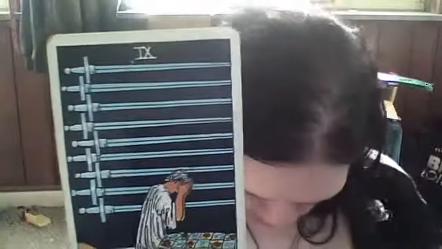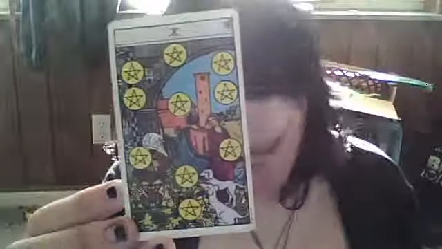9 is about action, and it's about self-confidence, courage, and this is also sort of about overcoming obstacles or breaking through illusions and falsehoods. 10 is endings and beginnings. It's a final completion card in the numbered court.